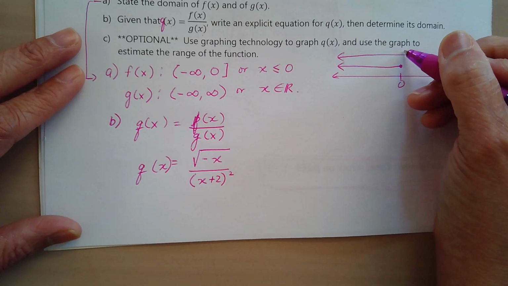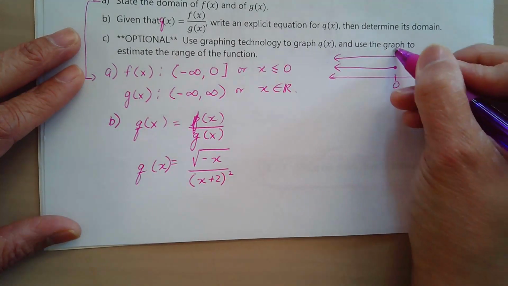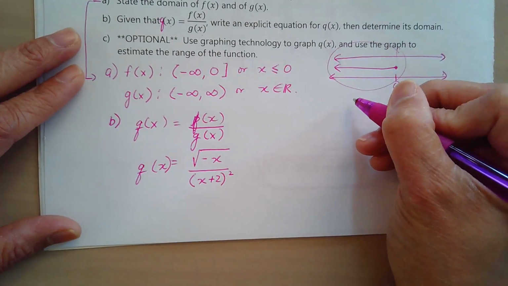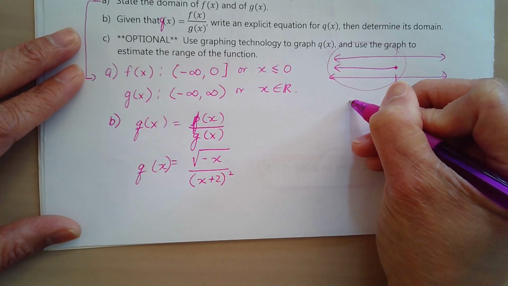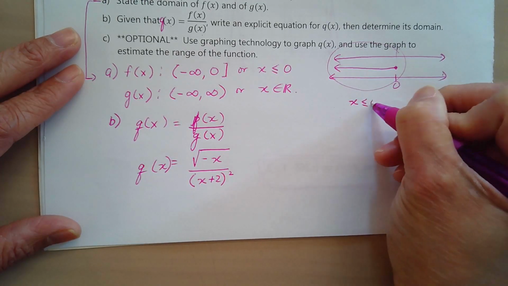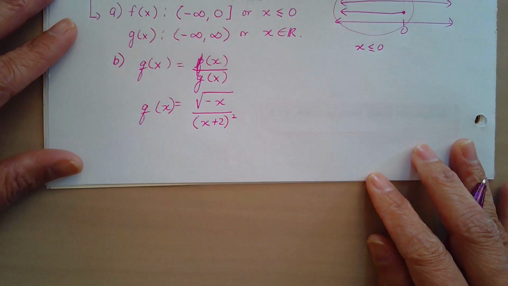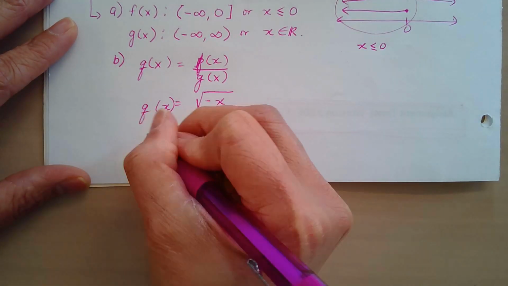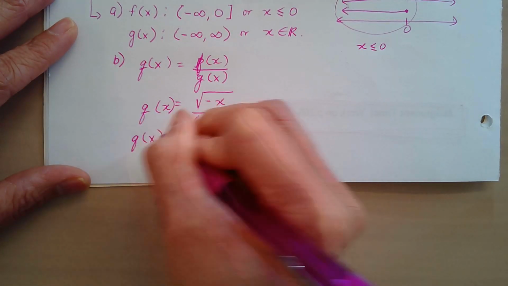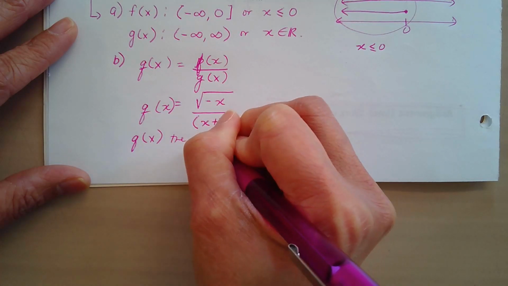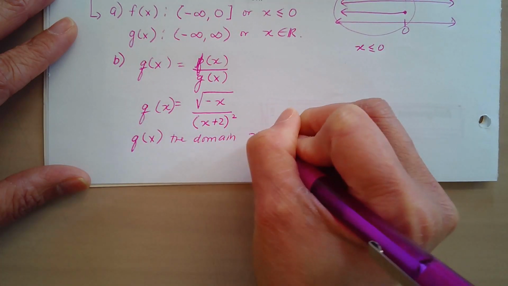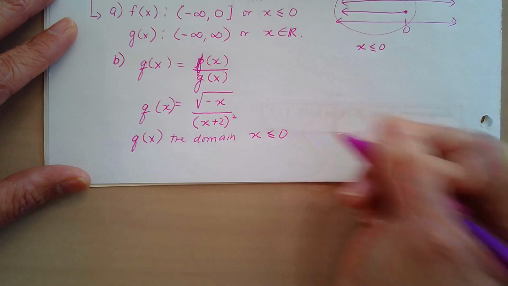So the overlap would be x has to be less than or equal to 0. So for the q of x, the domain is x has to be less than or equal to 0.